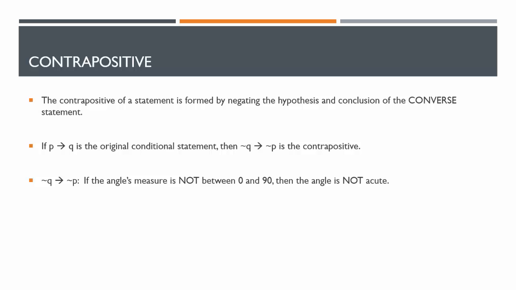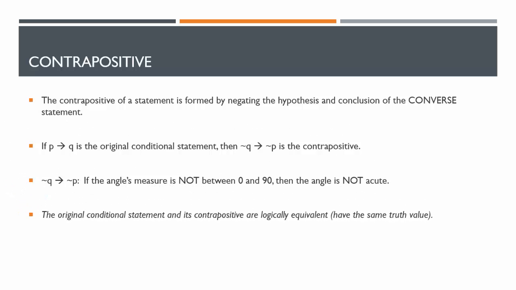So for not Q implies not P, we would have if the angle's measure is not between 0 and 90 degrees, then the angle is not acute. Again, that's a true statement because the hypothesis is supported by the conclusion, and the conclusion is a natural result of the hypothesis. Always, the original conditional statement and its contrapositive are logically equivalent statements, meaning that they have the same truth value.